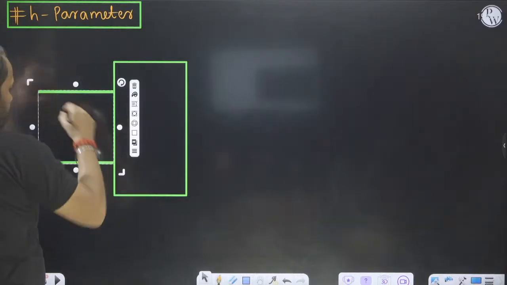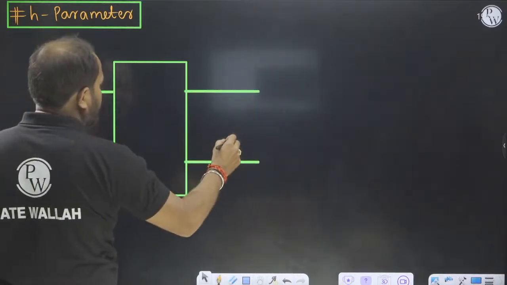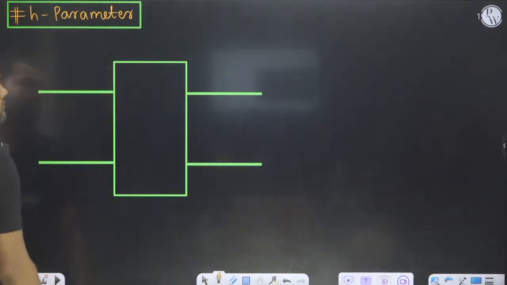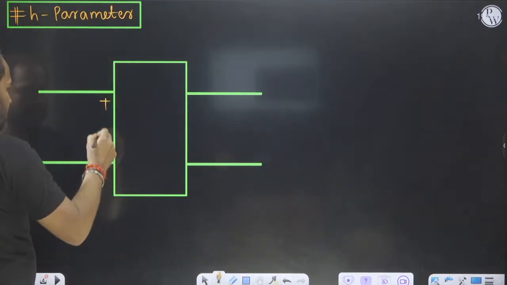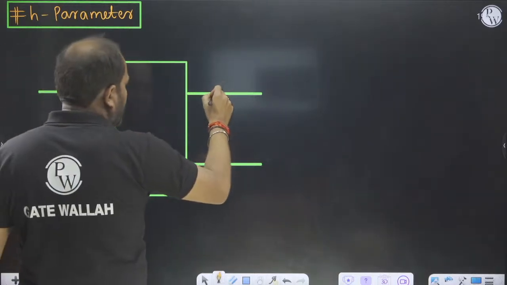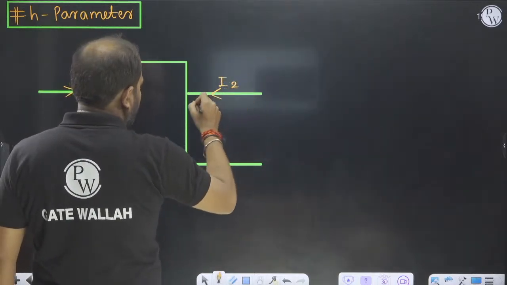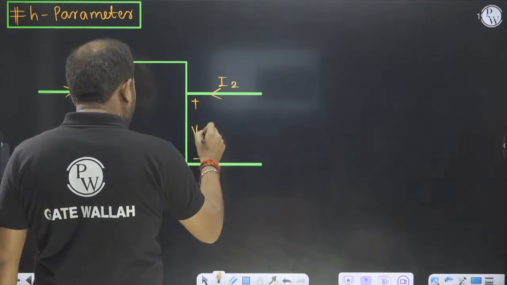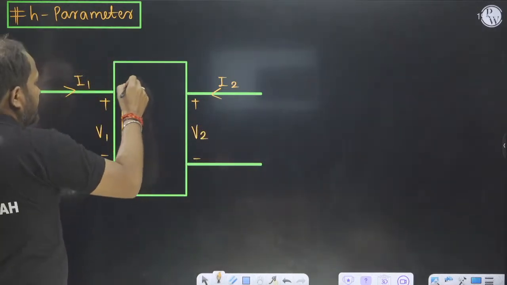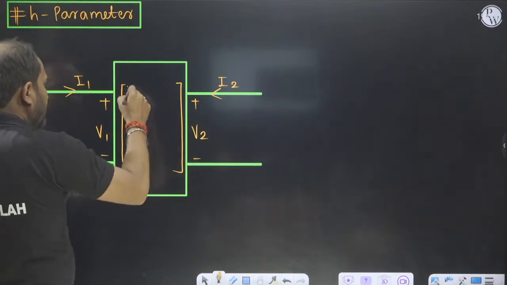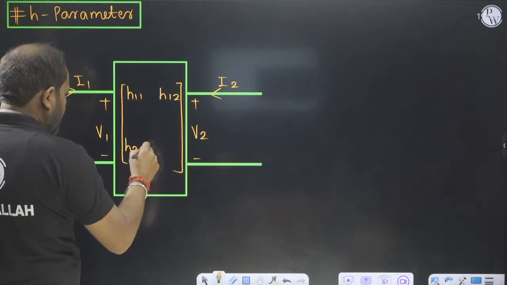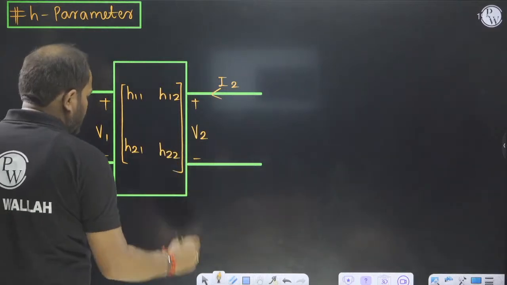Input is V1 I1 and output is V2 I2. And here the H parameters are defined: H11, H12, H21 and H22.